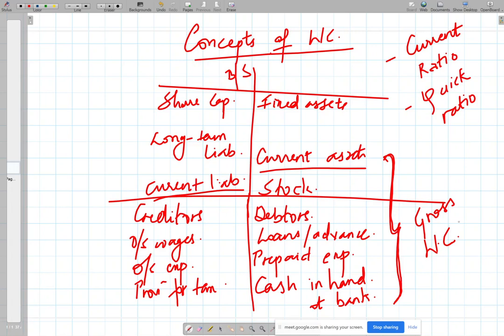Another way of looking at it is by taking current assets and subtracting current liabilities. You take all the current assets and subtract how much current liabilities you have. That means you get the net working capital.